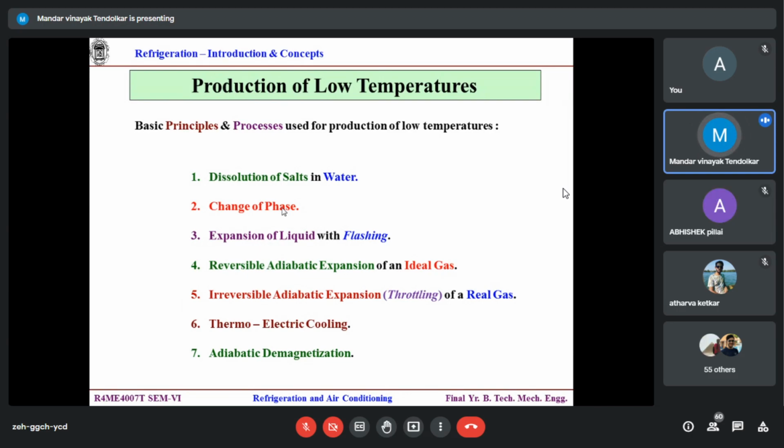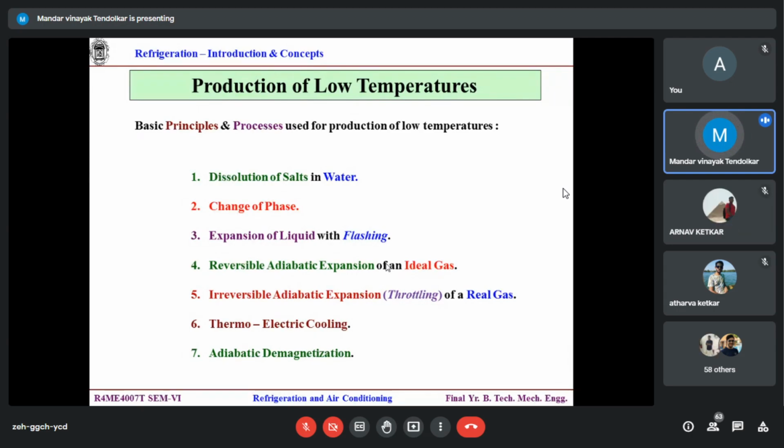So you reject the heat, temperature and pressure both remaining constant, and there will be phase change only. Then expansion of liquid with flashing. What is this flashing? A little bit I will tell afterwards. Reversible adiabatic expansion of ideal gas. This you know right from your second year SEM3 thermodynamics. Turbine, correct. And then irreversible adiabatic expansion.